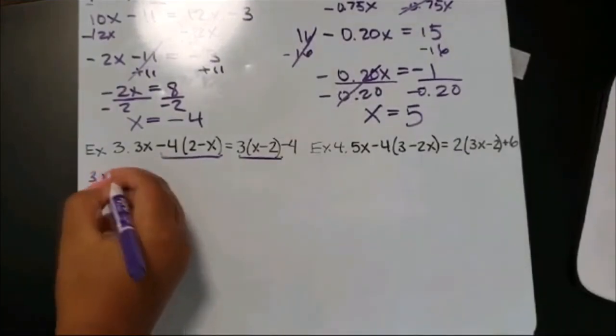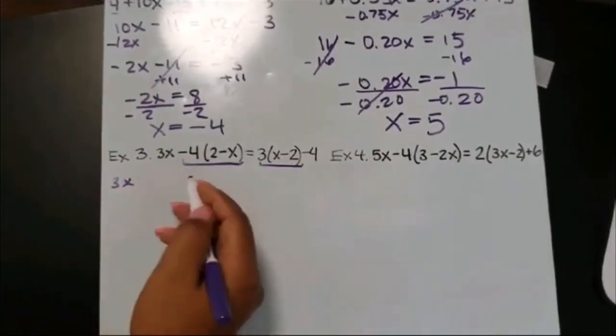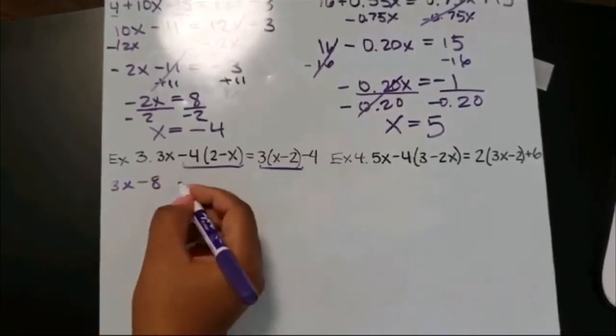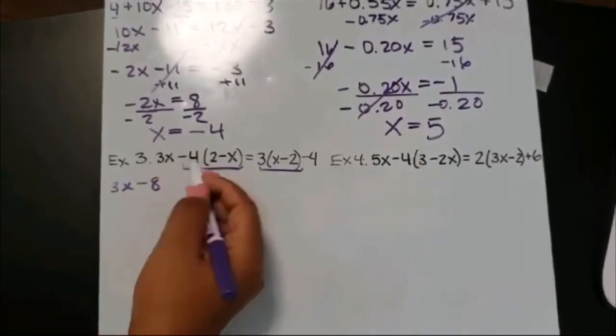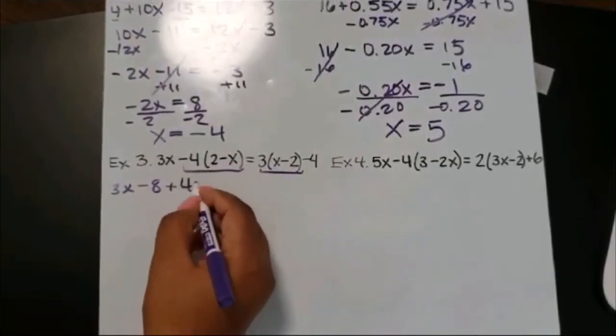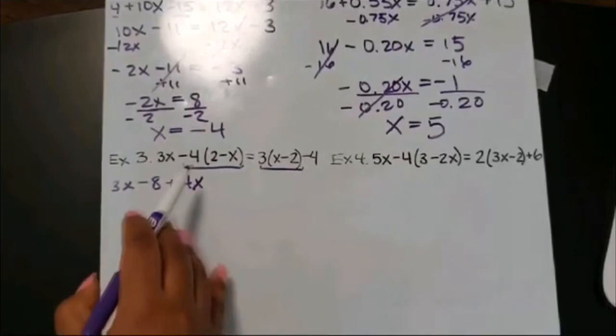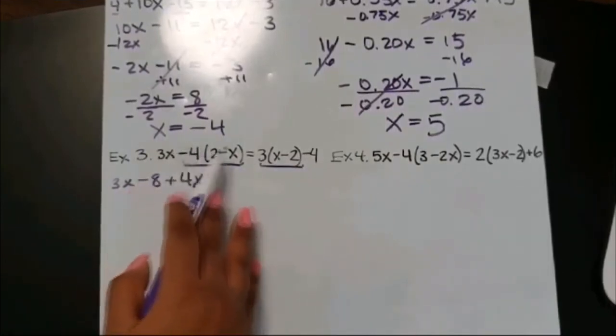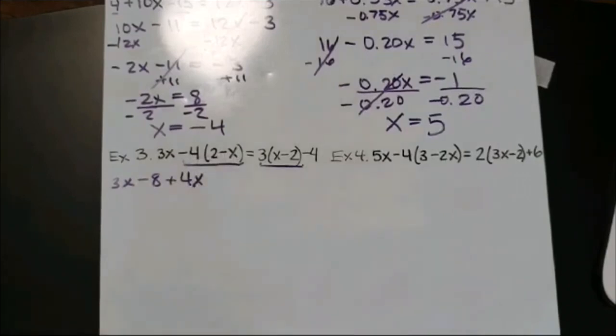So we have 3x, we got negative 4 times 2, which is negative 8. We got negative 4 times negative x, which is positive 4x. Make sure that whatever sign is associated with this number, that when you distribute, you keep that sign with that number, all right?